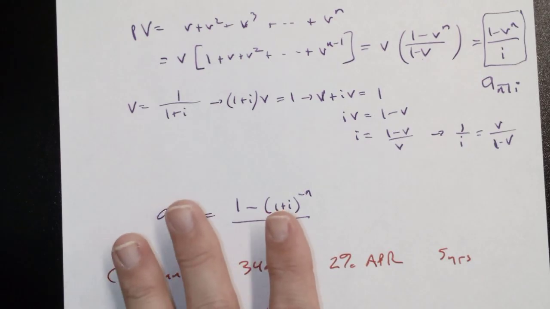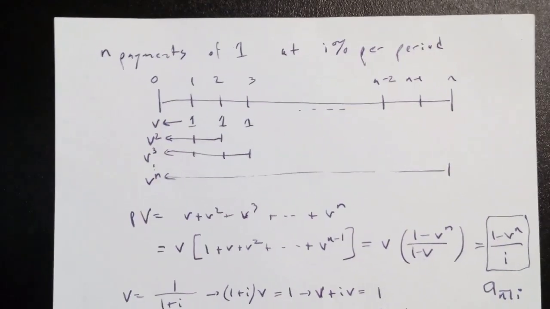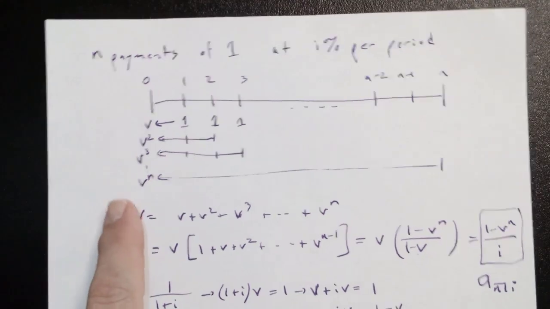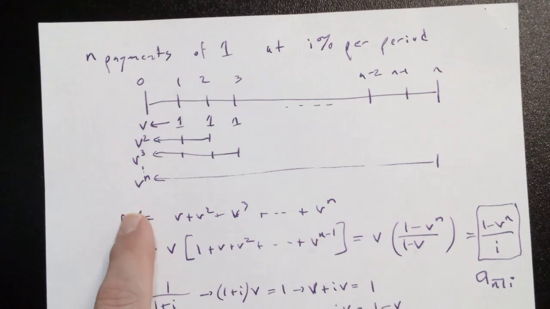Maybe not from the formula, maybe just from the time diagram. If my interest rate goes up, why would this number go down? By interest. Aha. If I've got a higher interest rate, I will earn more money each period, right?